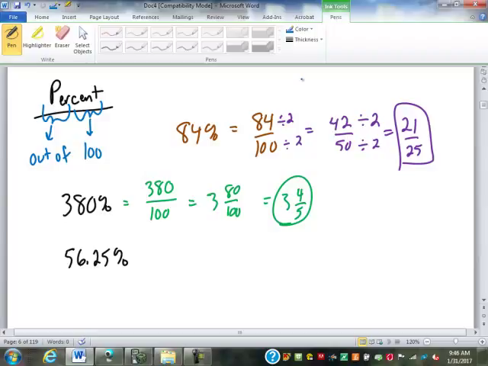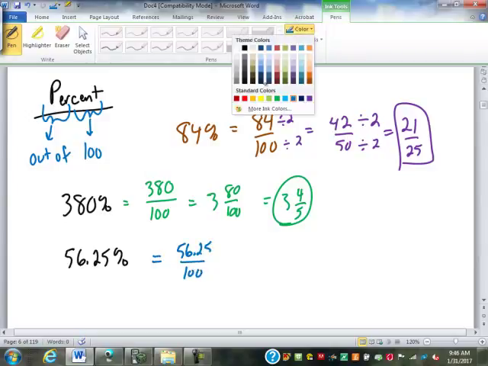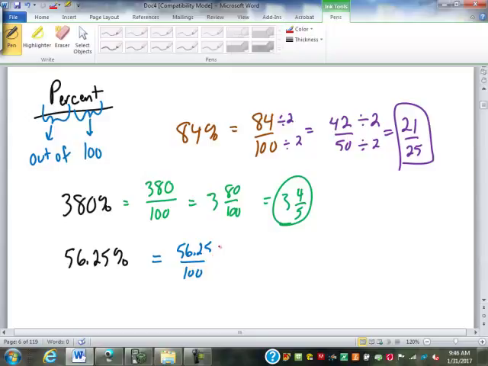What'd you get? So it becomes 56.25 over 100. And now we do have to get rid of that decimal. How do we get rid of the decimal? Well, it's got to move over 2 spots, right? So we're going to multiply by 100. So it's 5,625 over 10,000.